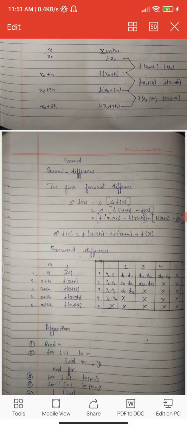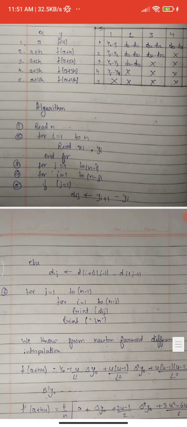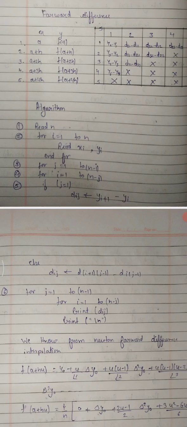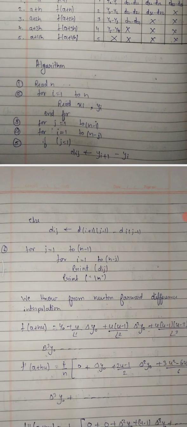Here the algorithm is: step 1, read n. Step 2, for i equals 1 to n, read xi and yi. Step 3, for j equals 1 to n minus 1. Step 4, for i equals 1 to n minus j, that is n minus j.